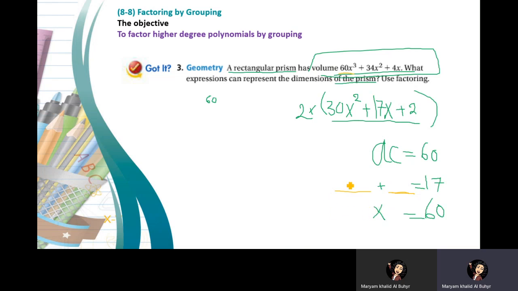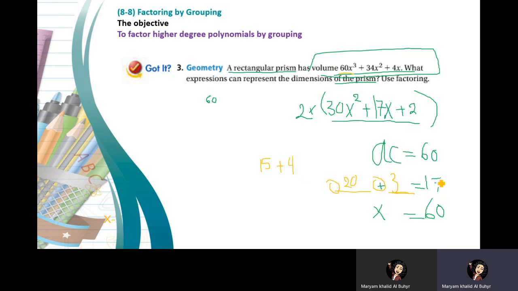We cannot say also 20 and 3 because we cannot put them as subtraction. Why? Because this is positive. So I will think about another two numbers. Maybe we can say 15 times 4 will give me the result, but the problem is 15 plus 4 will give me 19, not 17.